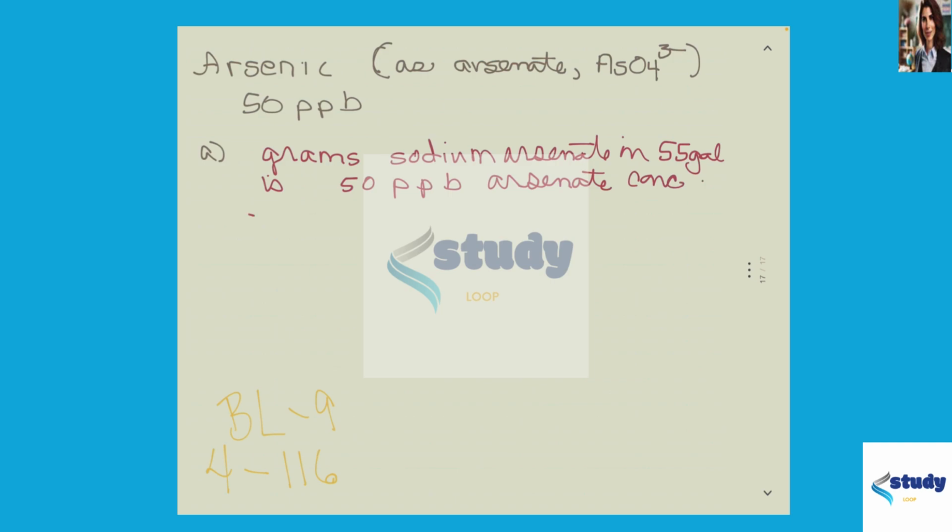And that's not too tough to do here. The first thing we're going to do is figure out how many grams of arsenate we have, and then convert that to grams of sodium arsenate.